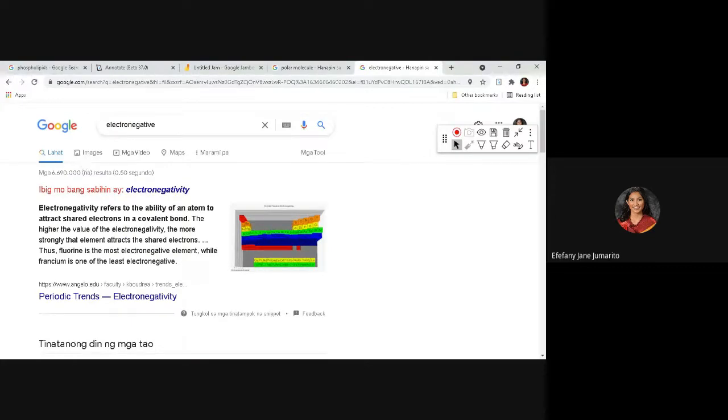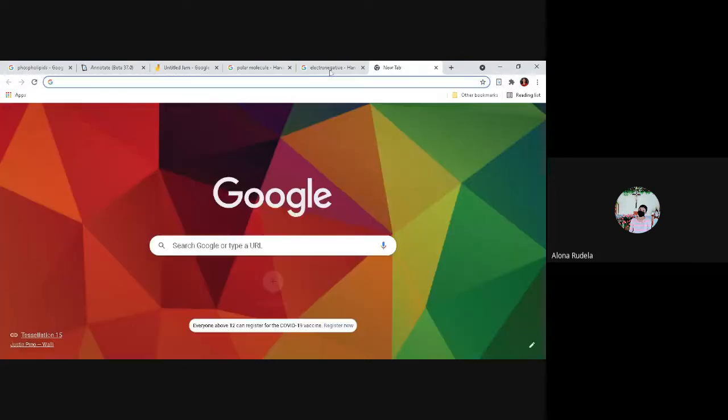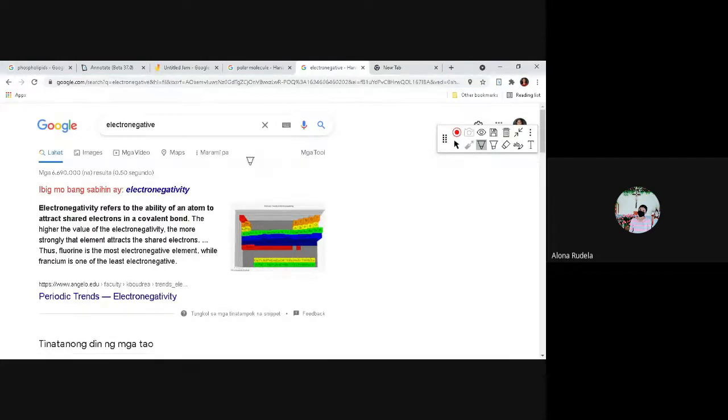Electronegativity refers to the ability of an atom to attract shared electrons in a covalent bond. The higher the value of the electronegativity, the more strongly that element attracts the shared electrons. Thus, fluorine is the most electronegative element.